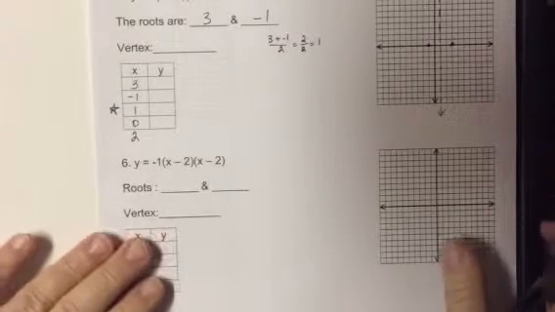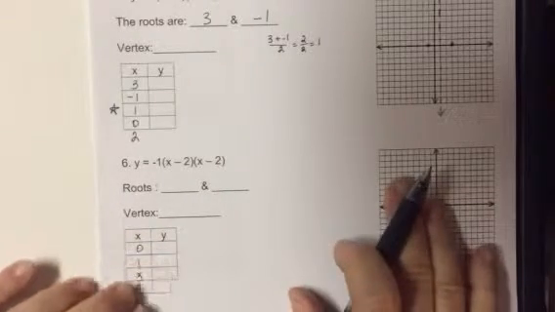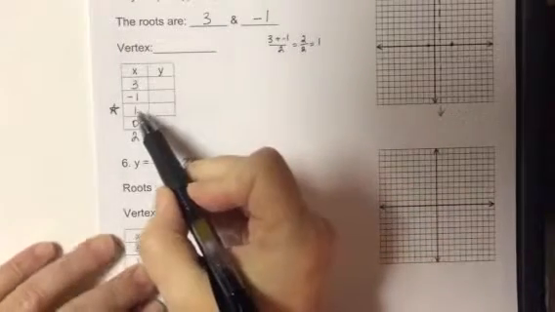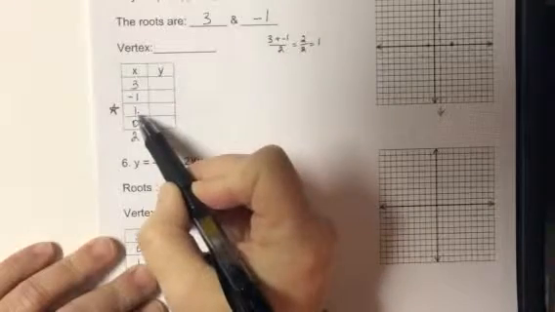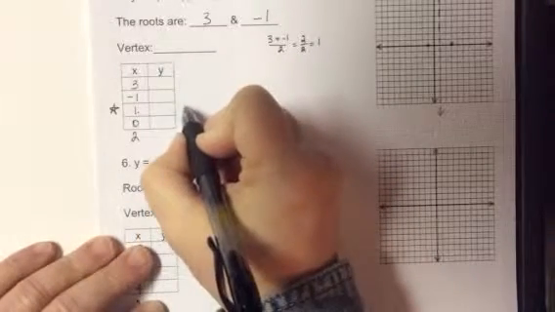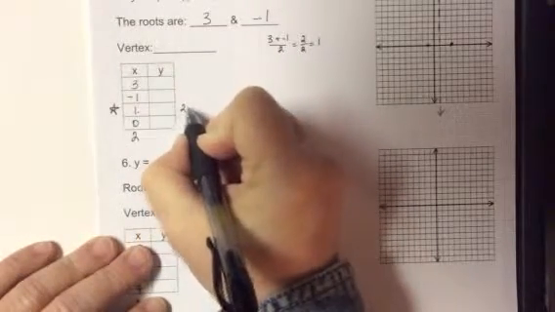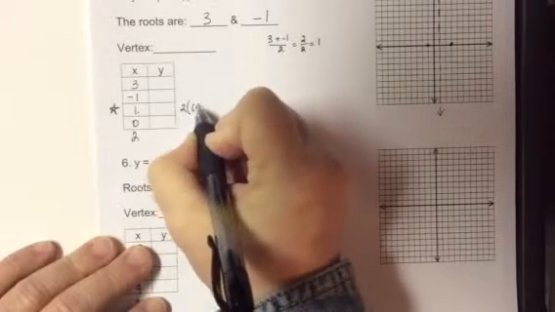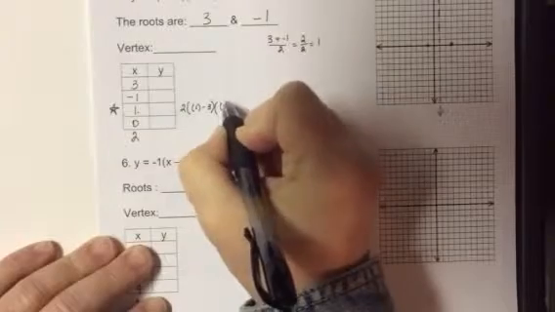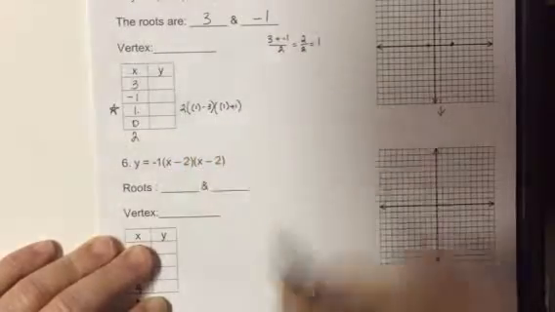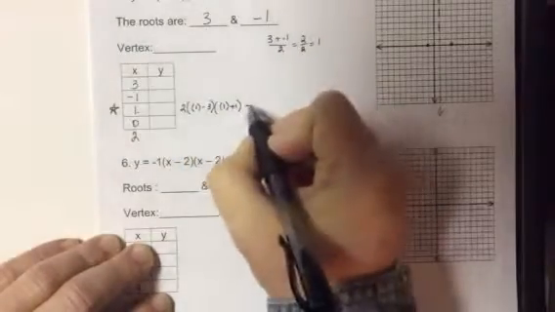So as we continue on, the vertex is going to be at the position where x is equal to 1. So I could literally just say that 2 times 1 minus 3 times 1 plus 1, and do a little bit of simplifying here.